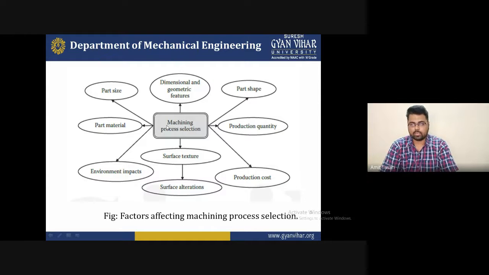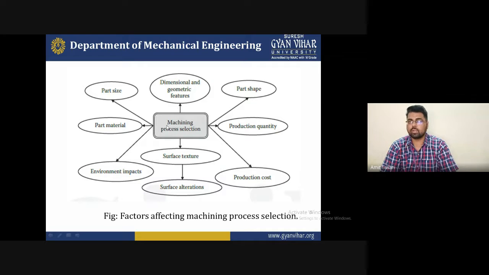Second is the part material. Obviously, part material is most important. As I told you in this first unit, every workpiece must be considered, and it is important to understand that the workpiece should be softer than the tool material. If the tool material is much harder than the workpiece, then it is possible to cut the material. Whatever material you select for the cutting tool, if the workpiece is very hard, it will not serve for finishing or providing the surface.